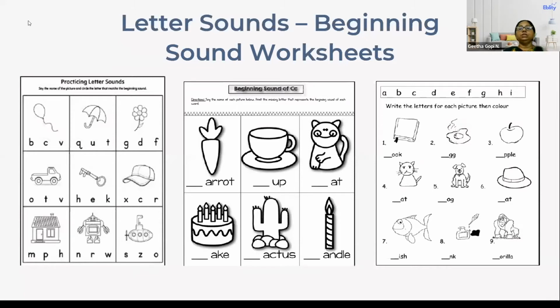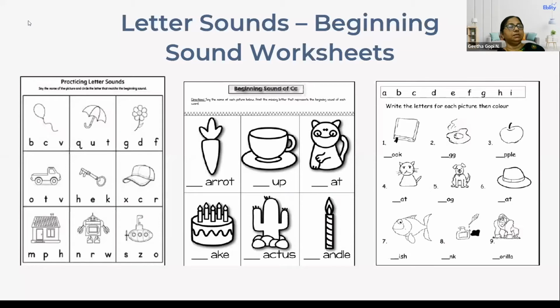We can have worksheets initially where the beginning sound is all the same. For example, if you look at the middle worksheet, the beginning sound of the letter C. All the k sound that is given, and everywhere the k is at the beginning of the word. So they have to say the word and then identify the beginning sound and write it.